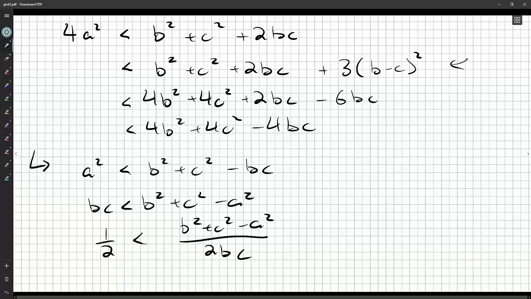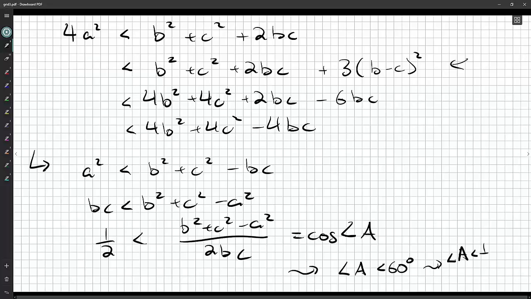And we've only been multiplying and dividing by positive numbers here, but this is cos of angle A. And we already mentioned that that means the same as angle A being less than 60, and that means that angle A is less than a half the sum of the other angles, which we will just squeeze in here just at the end.